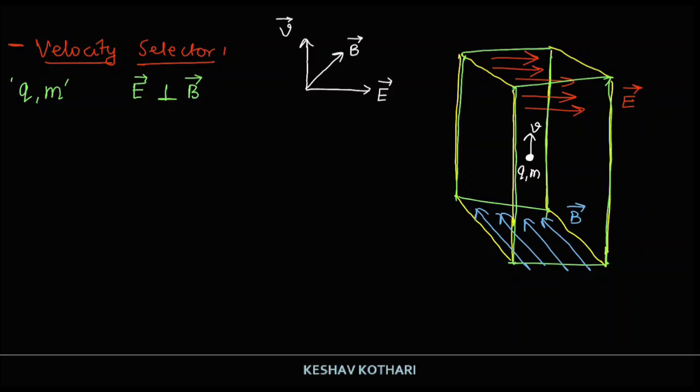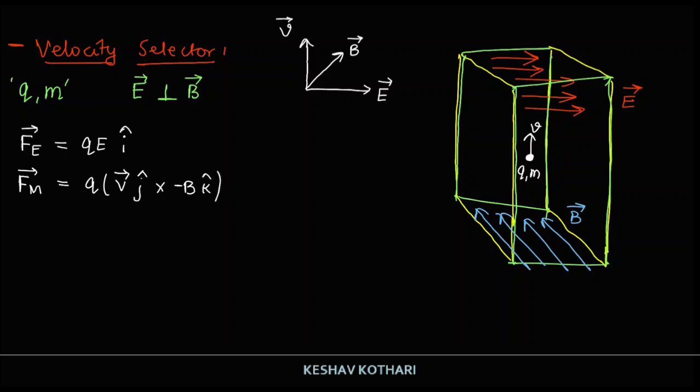As a result, if we calculate the force due to the electric field, the force which will be equal to qE will be acting in the i cap direction, that is in the direction of electric field, and the magnetic force will be acting in the direction of qV cross B. So velocity is in the j cap direction, cross magnetic field, where magnetic field is in the minus B k cap direction.